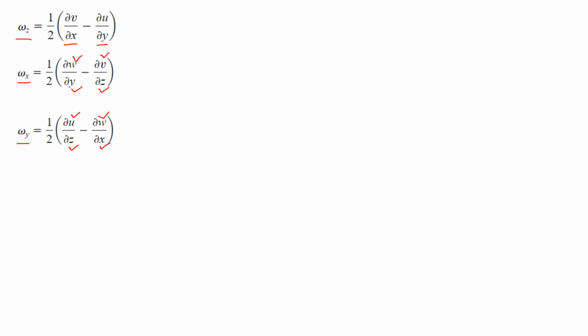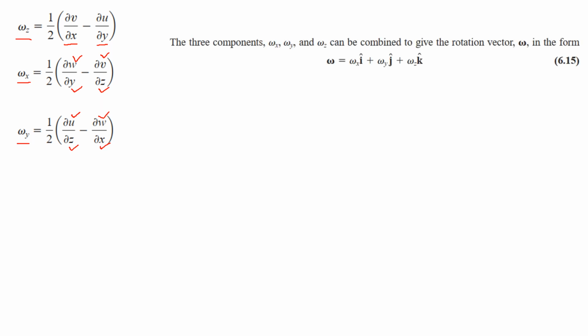So these terms omega z, omega x, omega y represent the rotation along the x, y and z components. These three components can be combined and written in the ijk form.